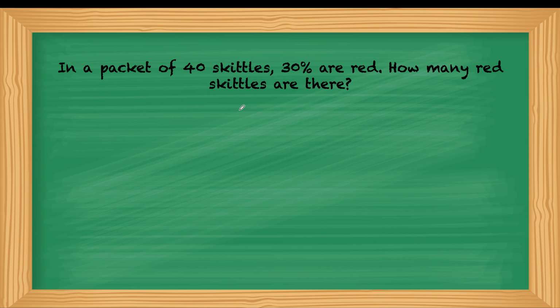Alright, so I hope you got this correct. So we'll have 30 over 100, and then we would multiply that by 40. Alright, and then it'll be 40 over 1, excellent. And then we would simplify.